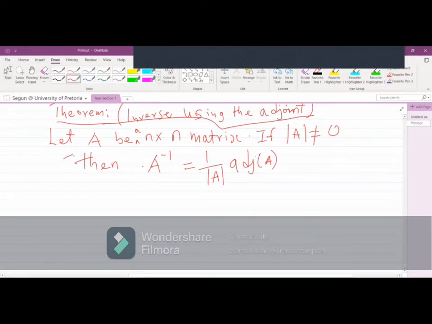Now, this is the definition, a kind of result that we are going to work with. Number one, you need to know. Let me give us the steps.